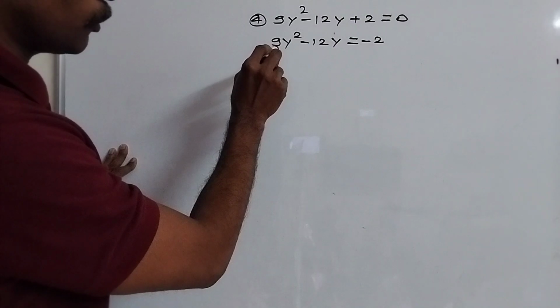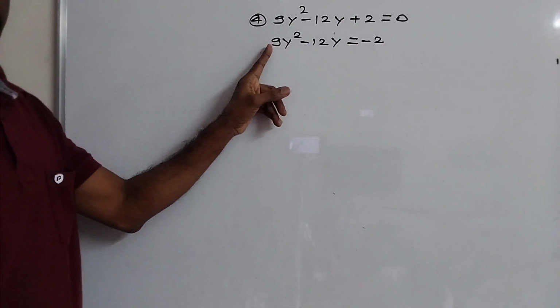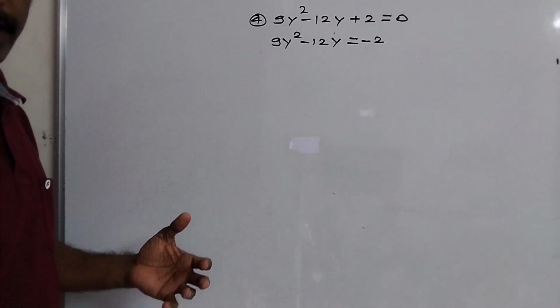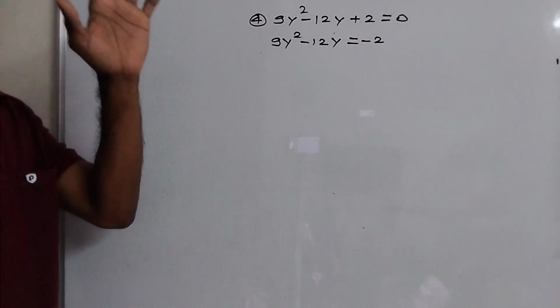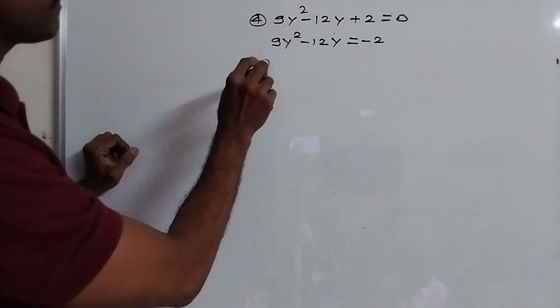Now here the coefficient is bigger than 1. If the coefficient of y square is bigger than 1, then divide both sides by that coefficient. Now dividing both sides by 9.